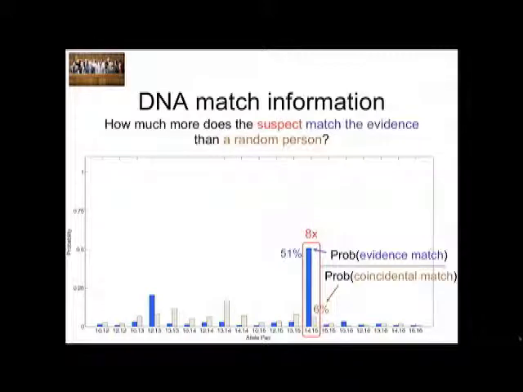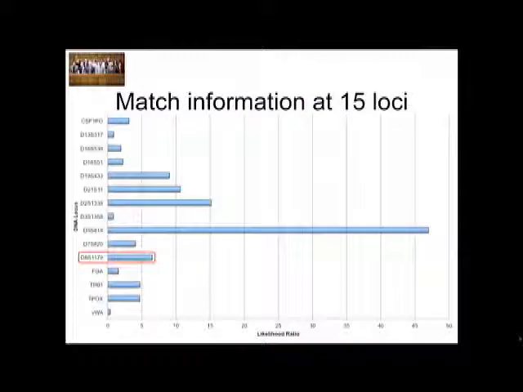What the math of likelihood ratios and the DNA match statistic lets us do is take the ratio of the blue bar, the evidence genotype probability, divided by the height of the brown bar right next to it inside that red rectangle. That ratio of 51% to 6% is the probability of an evidence match relative to coincidence, which in this case is about 8, and that is visually and accurately the match statistic.